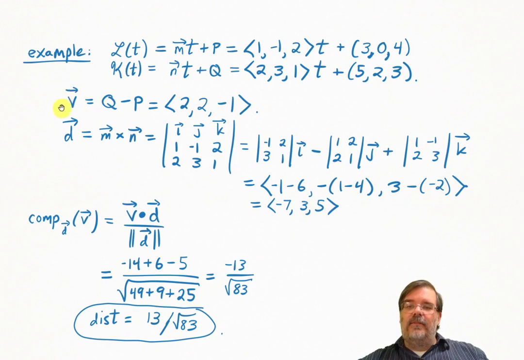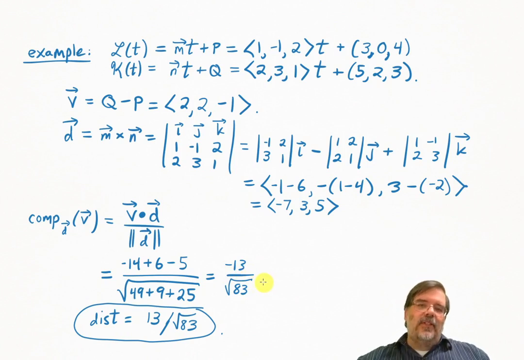Once you have this vector d, the cross product, that perpendicular, we're going to find the component of v along d. The formula is v dot d divided by the length of d. So we do some more standard vector calculations. In this case, it turns out to be negative 13 over the square root of 83.